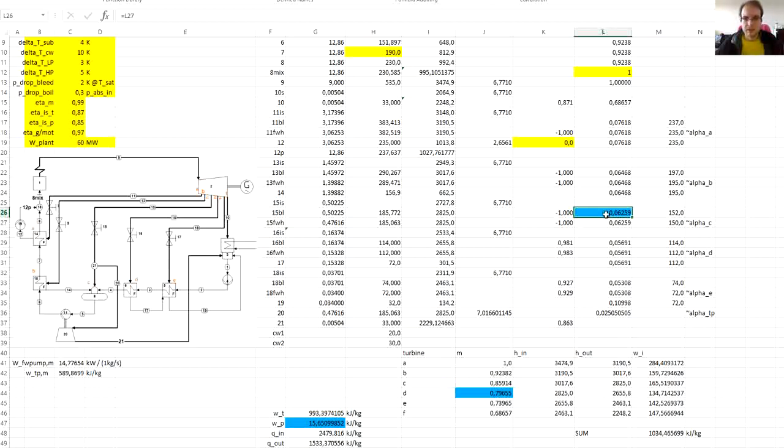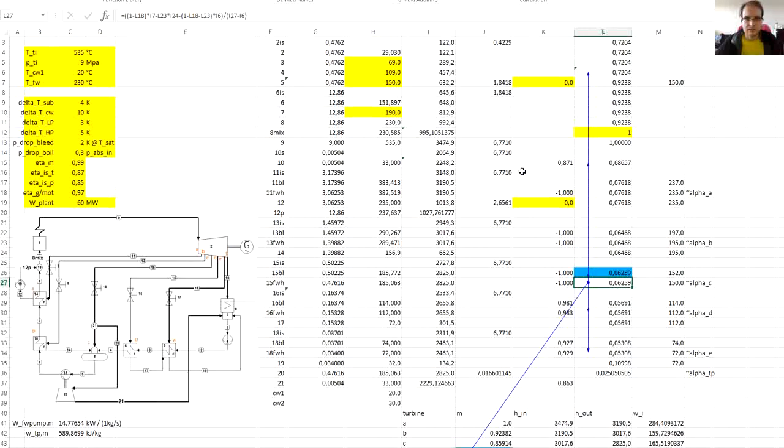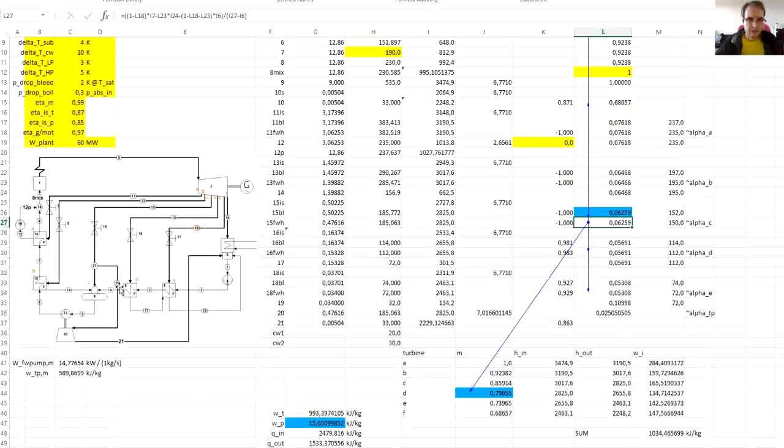This one is so far not used anywhere, and this one, trace dependence, and we can see that this turbine bleed at point C is used in order to calculate the mass flow rate in the turbine in the part D.